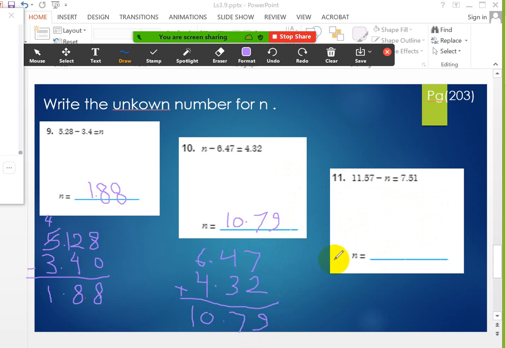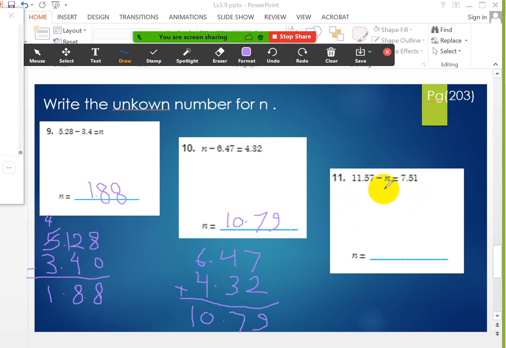Now, the last thing. 11.57 minus n equals 7.51. Now, the unknown number is the subtracted number. So to find the subtracted number, in this case, I have to subtract between the bigger number and the answer for this subtraction.